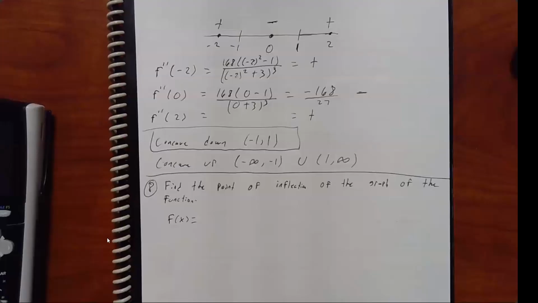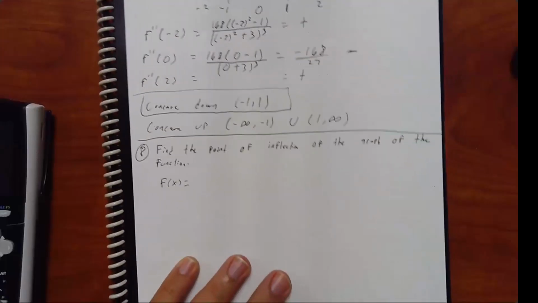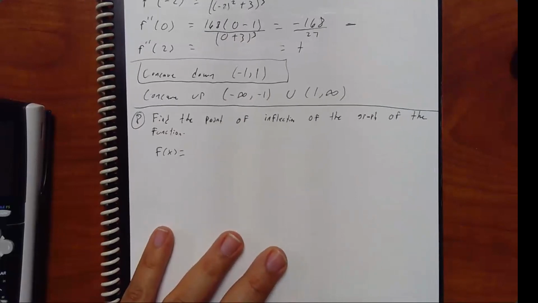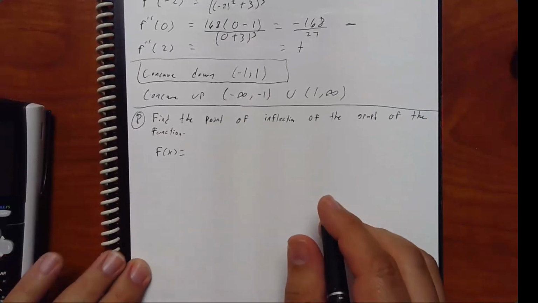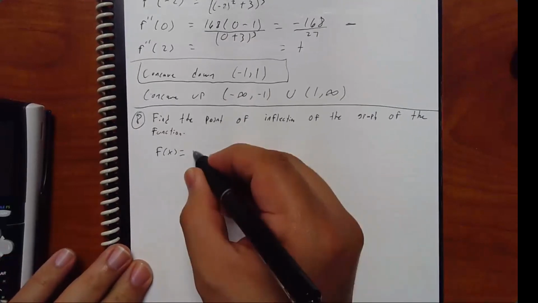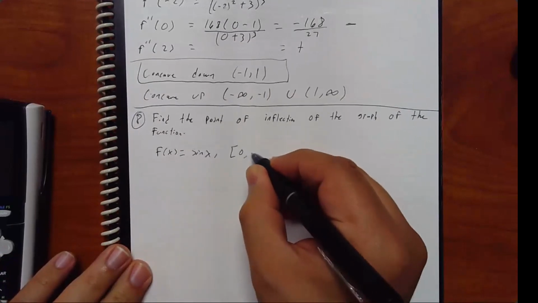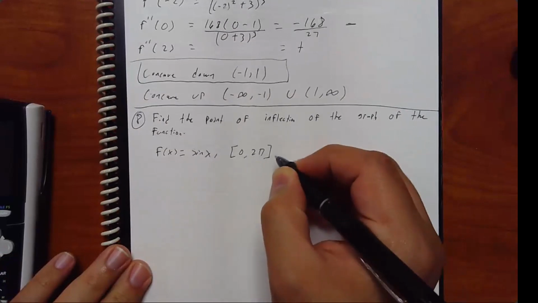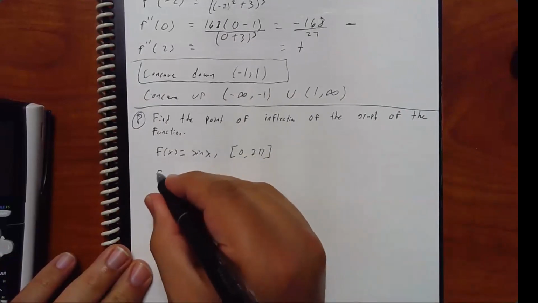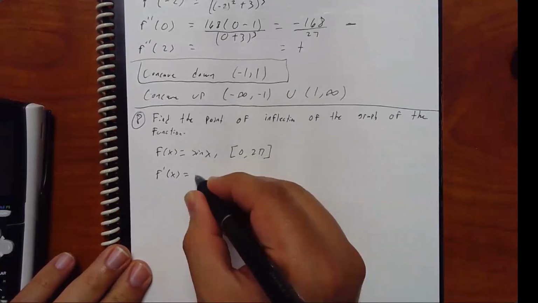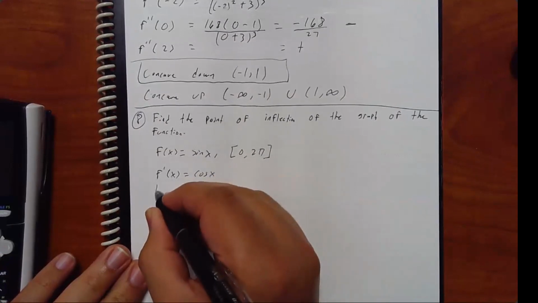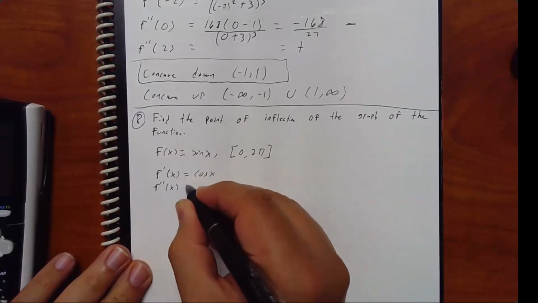Okay, so here's f. Let me switch back. Here's number 8. F is sine x from 0 to 2 pi. Derivative of sine is cosine. Second derivative is negative sine.